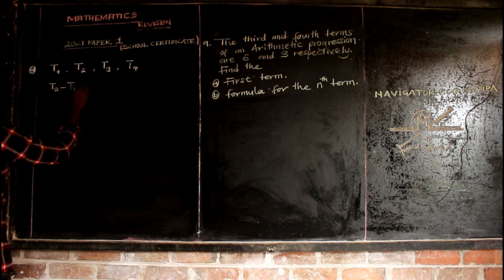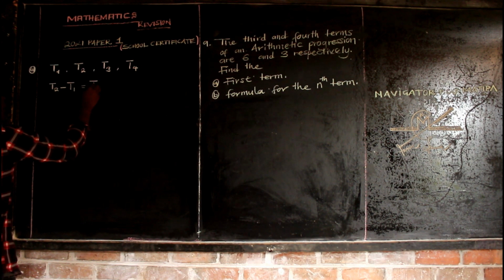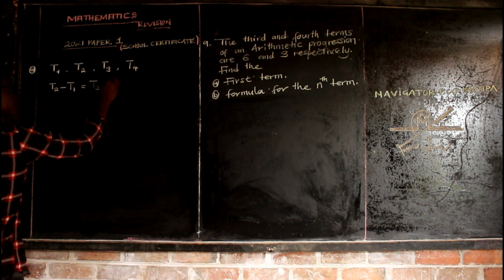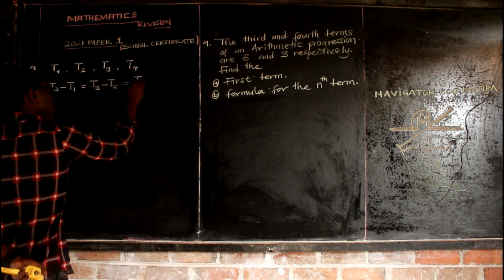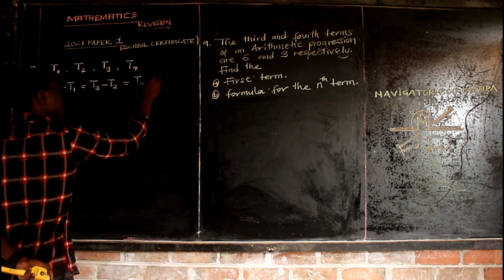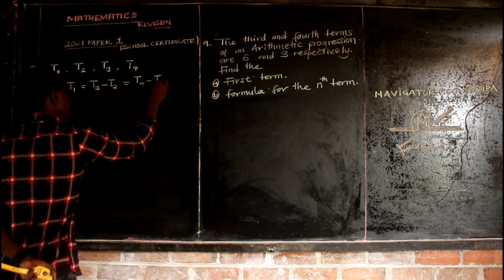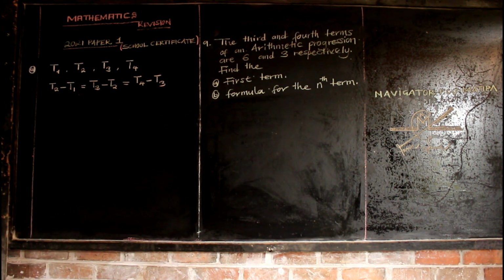Or you can say this is equal to term number 3 minus term number 2. Or you can even say term number 4 minus term number 3. That's the way we find the common difference of an arithmetic progression.